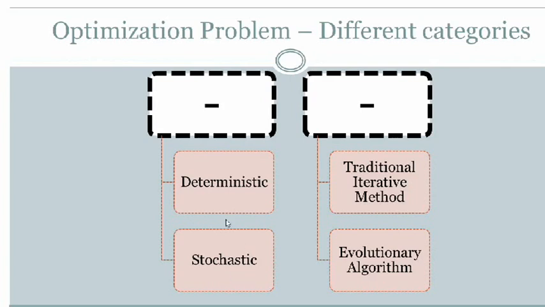Okay, and after that, if we categorize with respect to algorithmic approach, it may be categorized into two broad categories, although these categories are not complete to discuss our optimization problem categorization, because it has many subcategories, many algorithms involved. Broadly I may describe that the optimization problem may be solved by traditional iterative method algorithms or evolutionary algorithms.